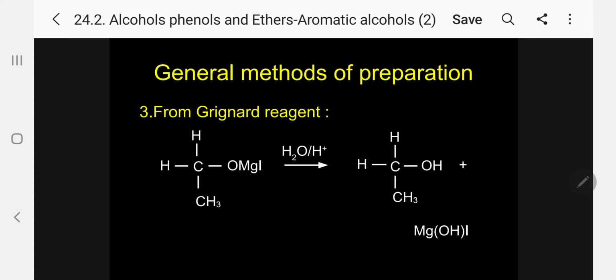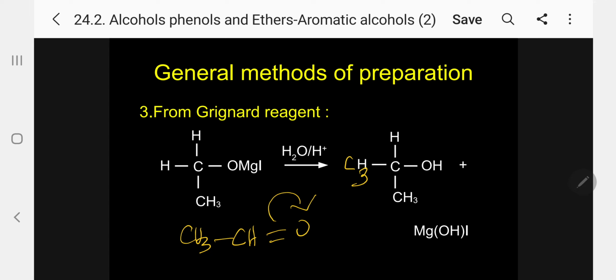Suppose you want to get the secondary alcohol. What we have to do, very simple, is that here there is H. This H should be in the form of CH3. That means you have to take any other aldehyde, for example acetaldehyde, CH3CH=O.